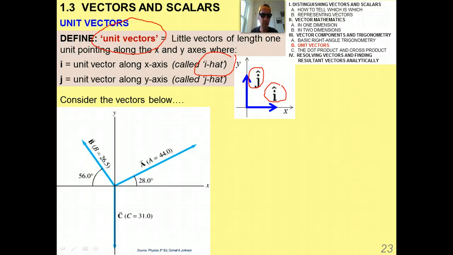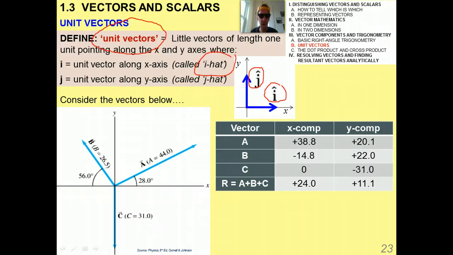Okay. Now, considering the vectors below, you've seen these 3 vectors. We talked about these vectors when I introduced to you the idea of quantifying the angles of vectors. Now, what I can do is make this table, which I alluded to last time. I can break each vector into its x and y components.